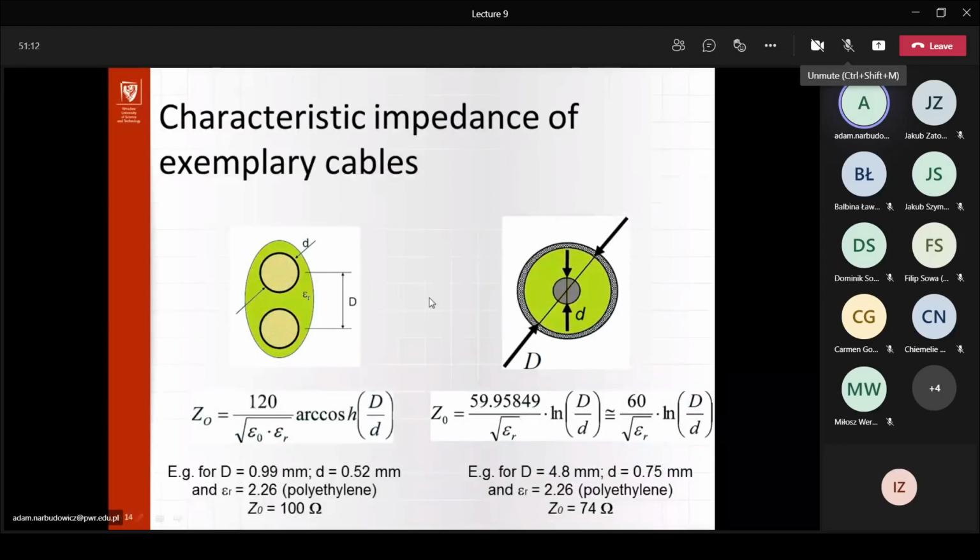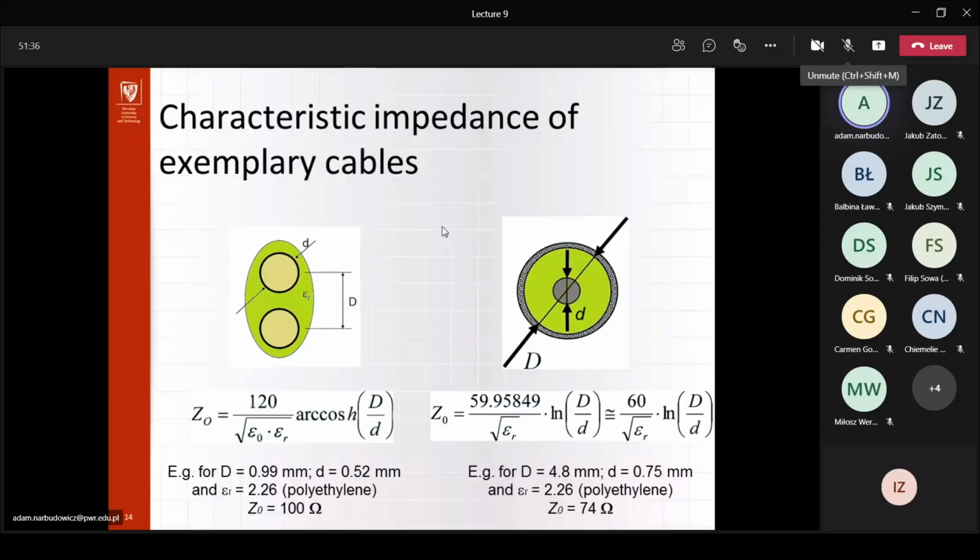And over here, I gave you these two examples of how the impedance of a cable is calculated. As you can see, those are quite complicated equations, so they won't show up on the exam. It's more to illustrate which parameters are significant.